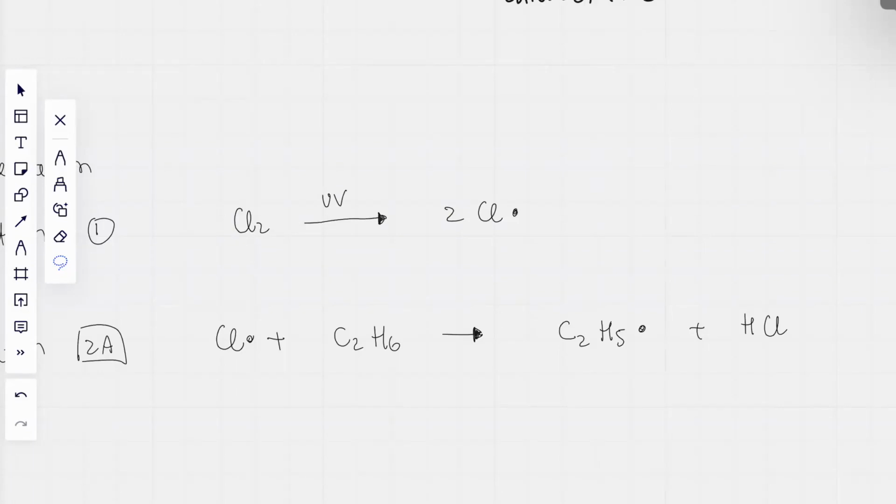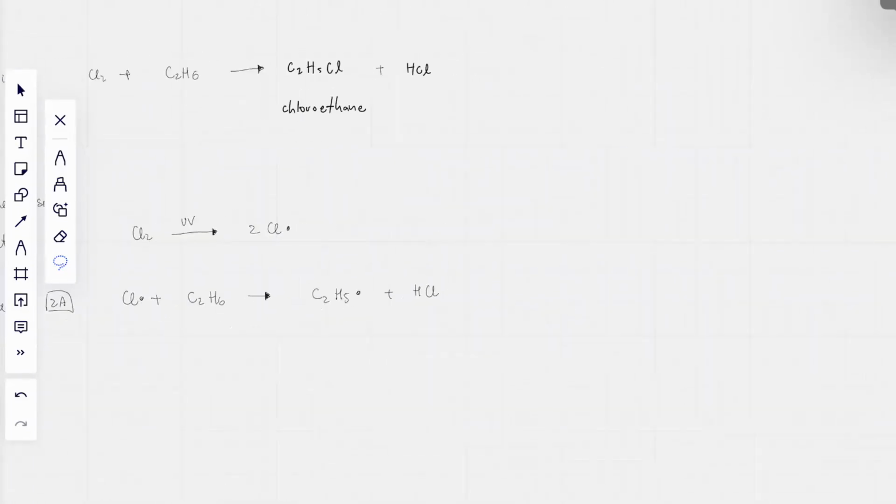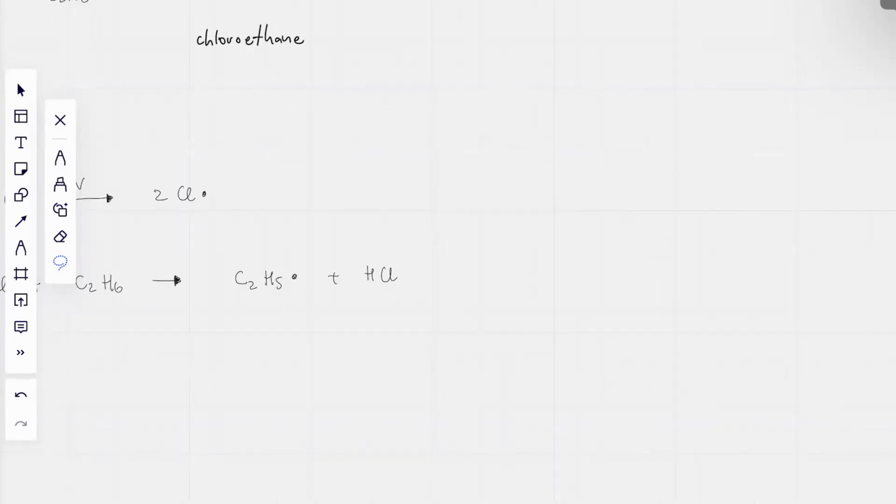And the C2H5 radical, if you are asked to draw, try to draw the structure of the C2H5 radical.